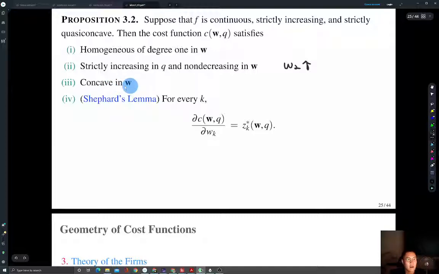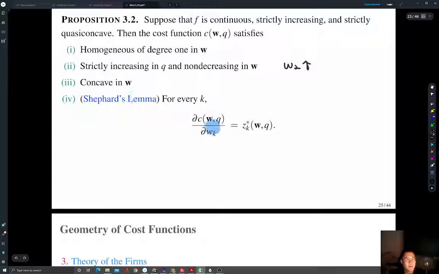Okay, let me leave it as an exercise. Just as the expenditure function is concave with respect to price vector, you can show that the cost function is concave with respect to input prices.